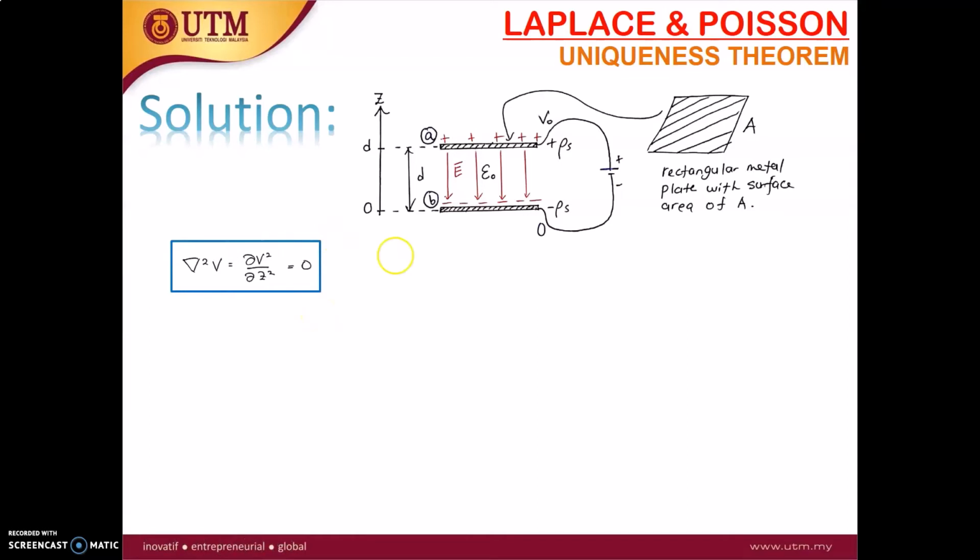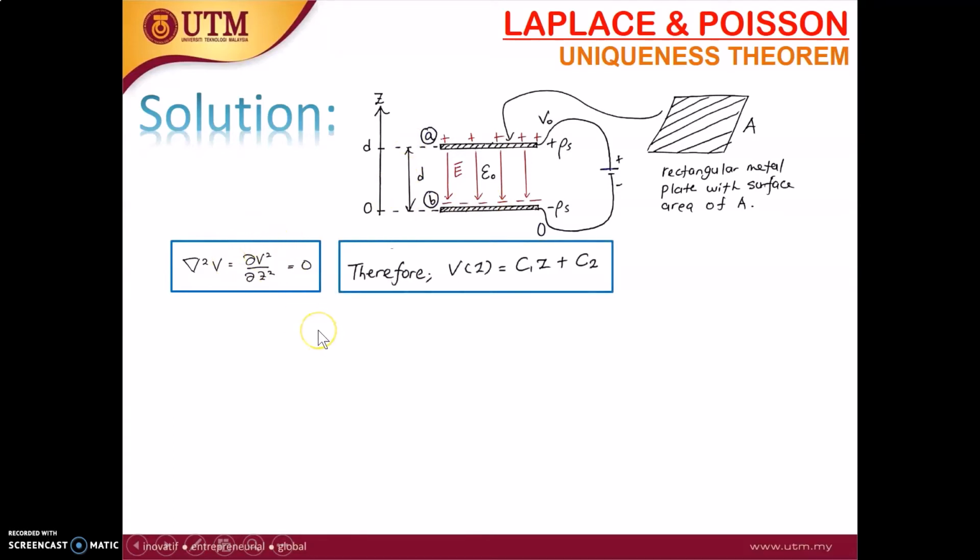So you have to use the Laplace equation. The Laplacian of V, del squared V over del Z squared, equal to 0, because the variable is Z, so I use Z. Therefore, when you solve the double integration of this, you get V equal to C1 Z plus C2.